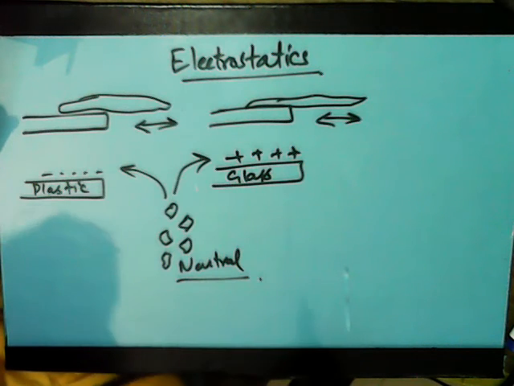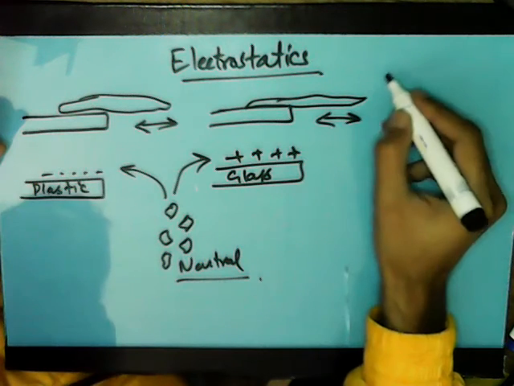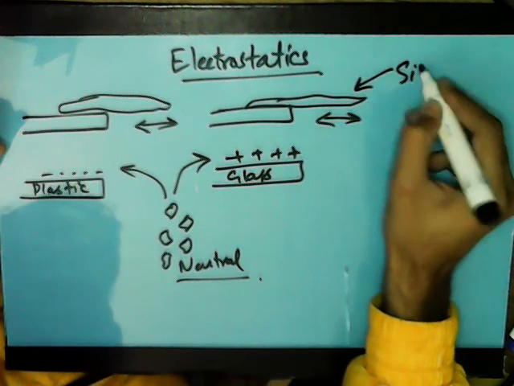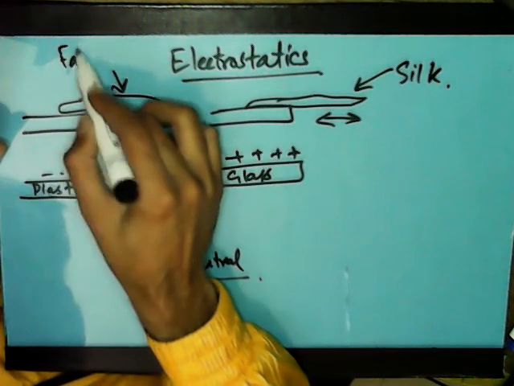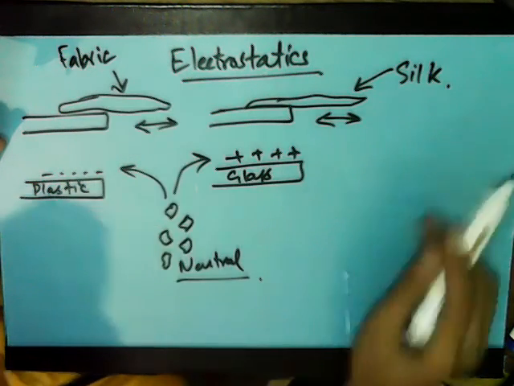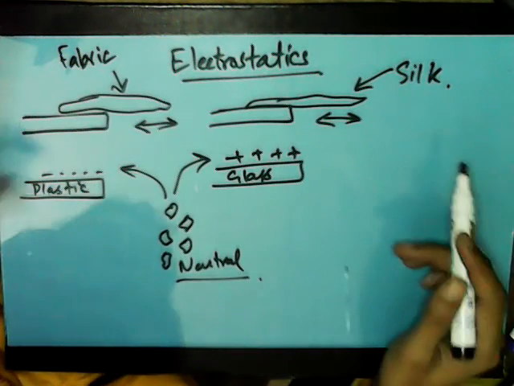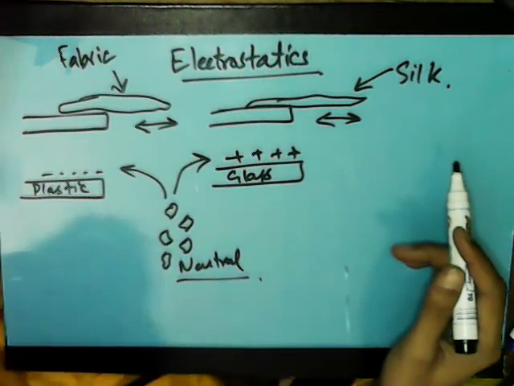So the question is about the cloth that we're using at this point, which is silk over here, and let's consider this fabric, any fabric, because plastic works with most things. Even with silk, it's usually going to get negatively charged.